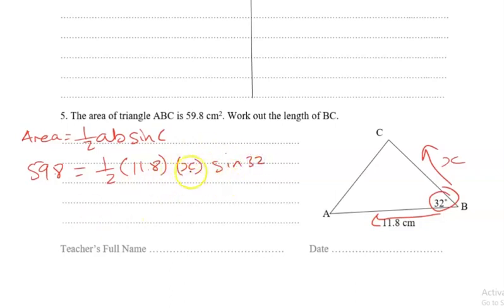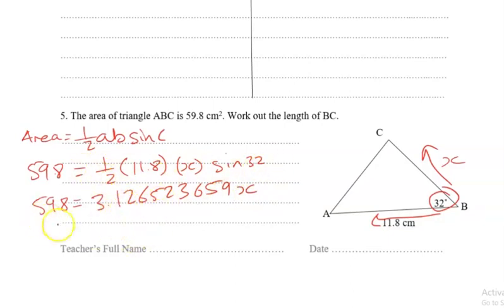So we want to work out the value of X, so we take everything else to the other side. So you're going to have 59.8 equals 1/2 of 11.8 times sine 32. When you multiply the two, that's going to give us 3.126523659, and then you have X over here because you're multiplying everything here.